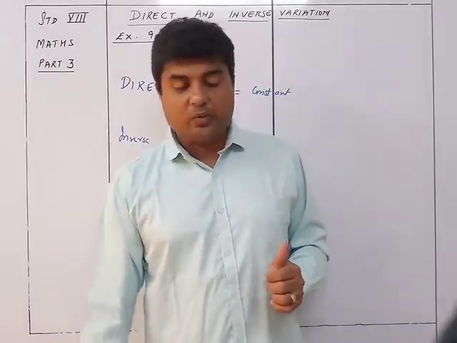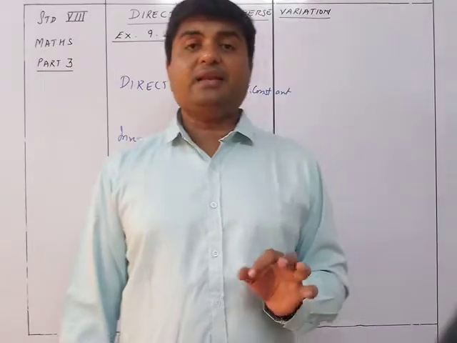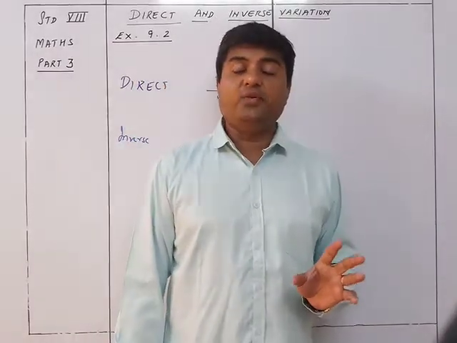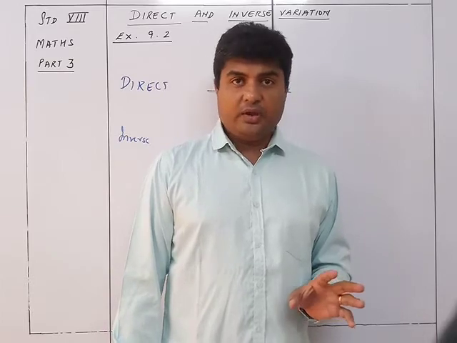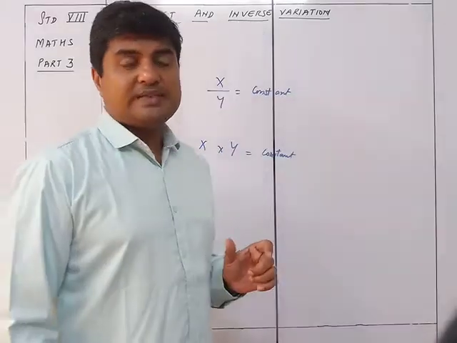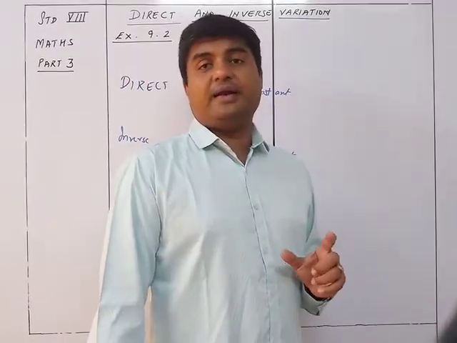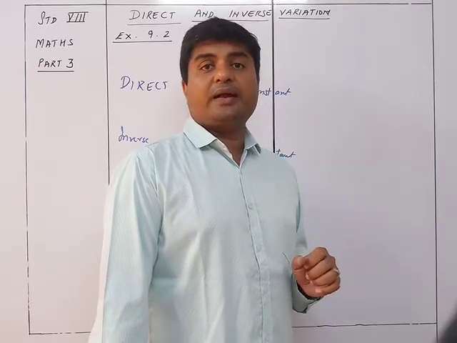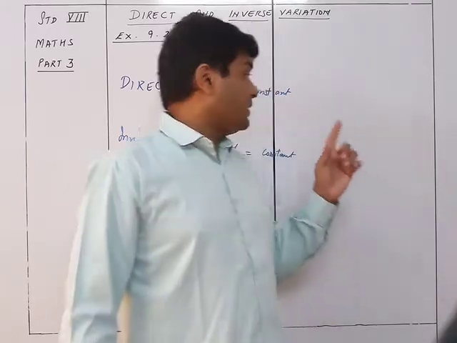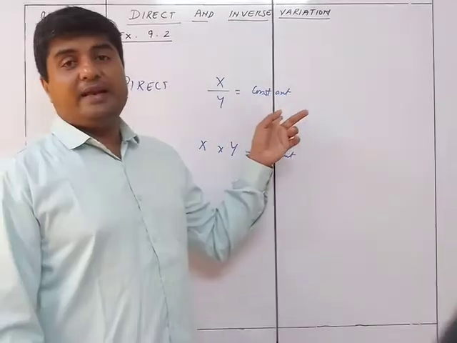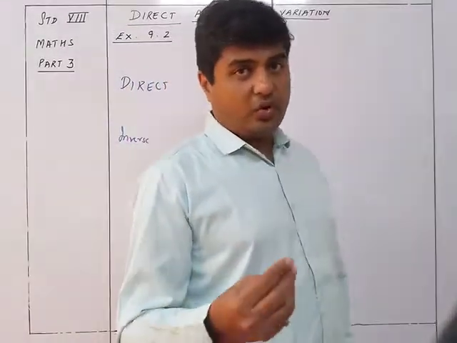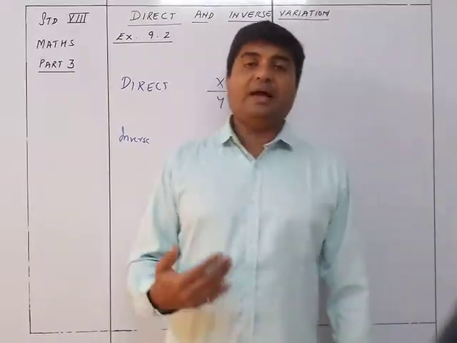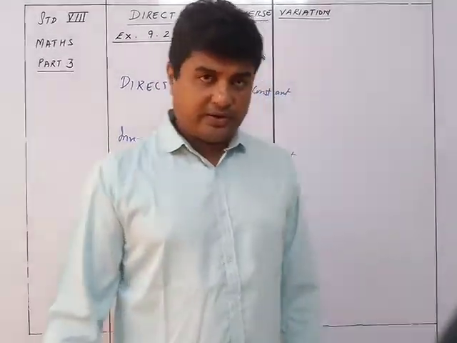If the product of x and y is the same, then they are in inverse variation. If the ratio is the same, then it is a direct variation. So this is the identification of whether the given terms are in direct variation or inverse variation.